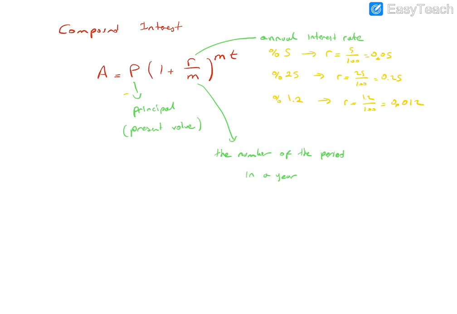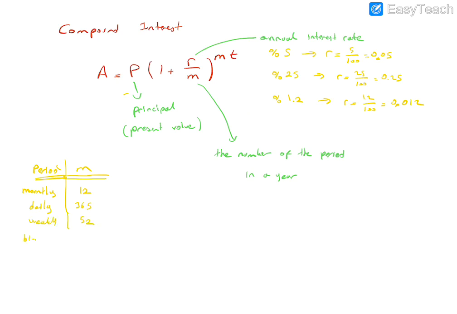So let's talk about m, the number of periods. If this is monthly, m is 12. If this is daily, m is 365. If this is weekly, this is 52.